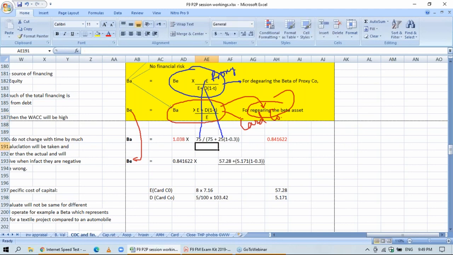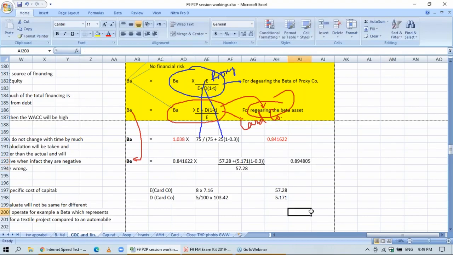In the formula, the value of equity is 57.28. When you solve this out, check what the beta becomes. Now the beta becomes 0.894805.